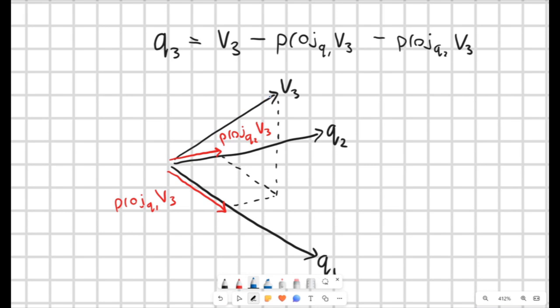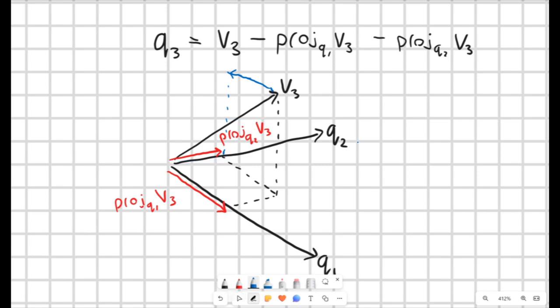So we travel along here, and then we go backwards, basically, along Q1. We end up at a point above here on the Q2 axis. So we travel along here and then along there, and then minus the projection onto Q2 of V3, which is this vector here.